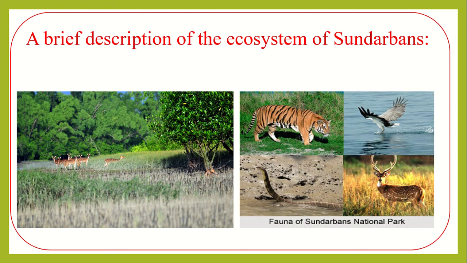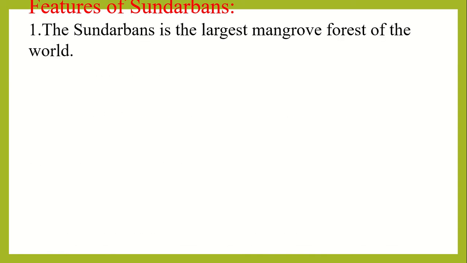There are two pictures of Sundarbans. Features of Sundarbans. Number one, the Sundarbans is the largest mangrove forest of the world. You have to know what is mangrove forest. What is mangrove forest?